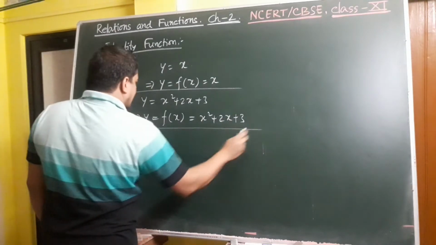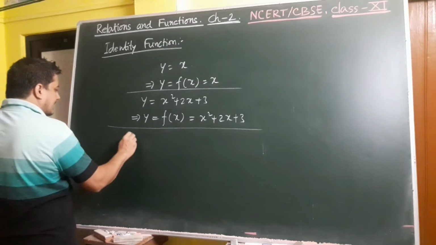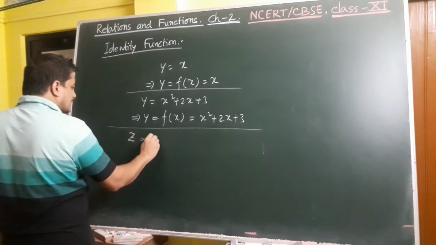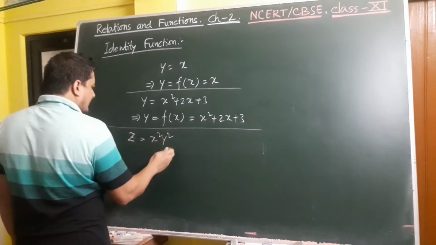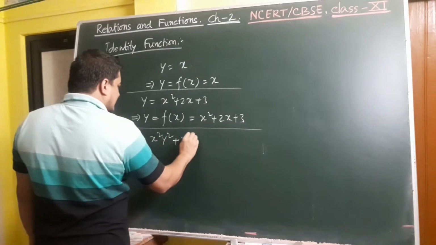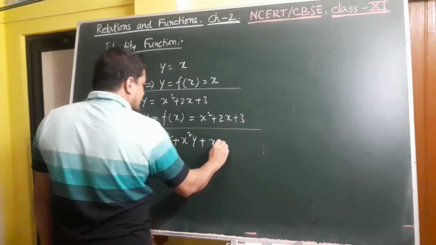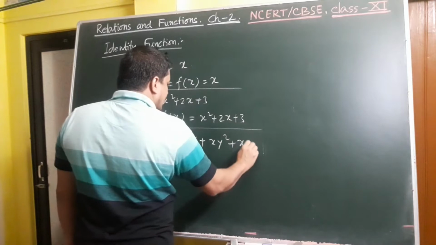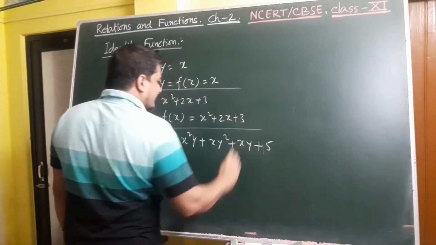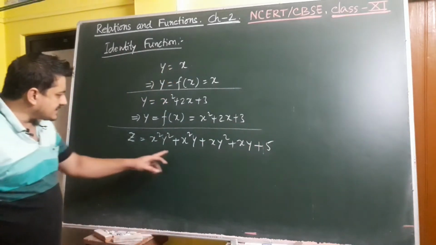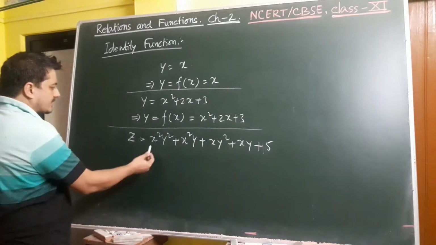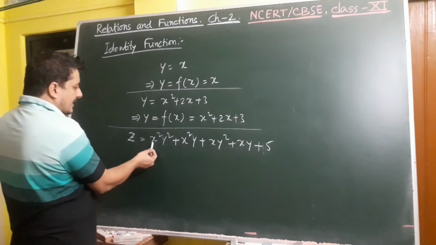Or say there is an equation, z is equal to x square y square plus x square y plus x y square plus xy plus say 5. Now this equation has two variables, x and y.